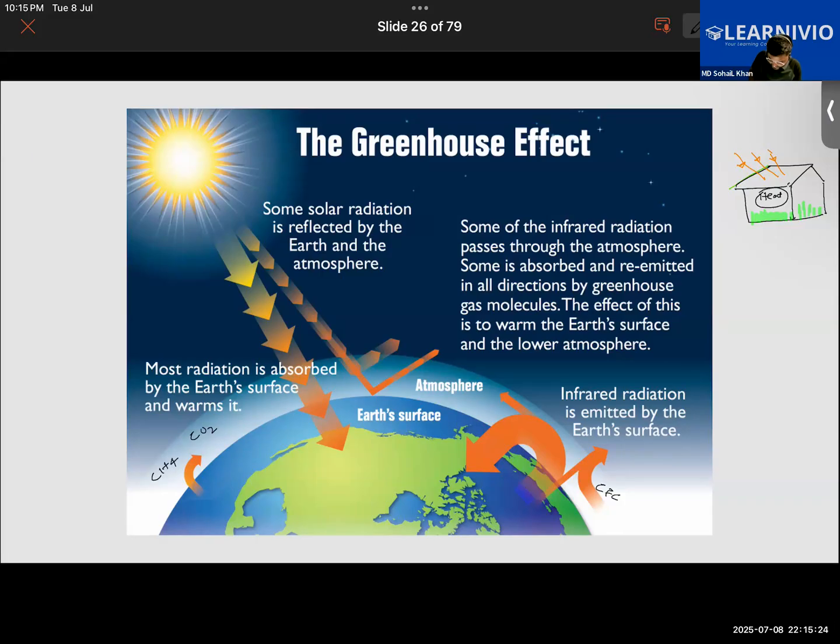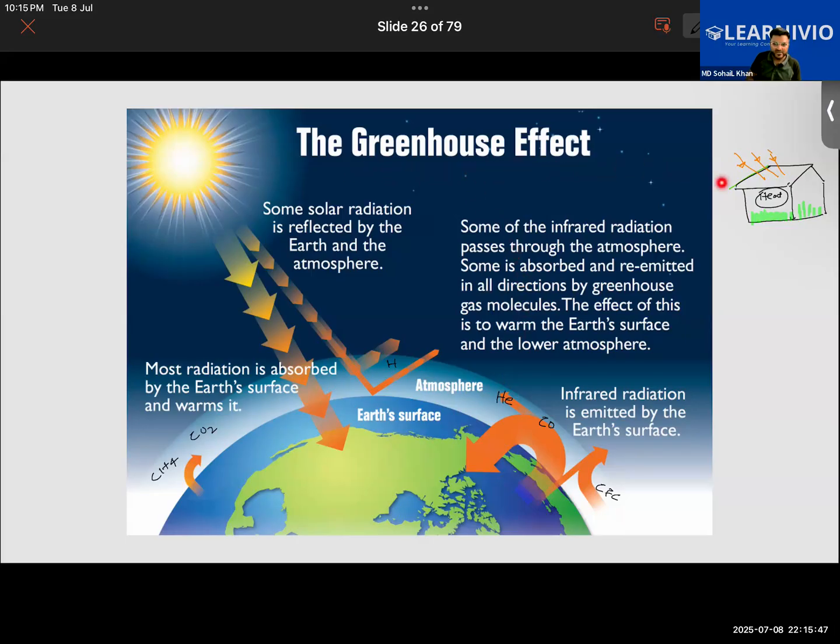You also have learned about carbon monoxide, helium, hydrogen, etc. So these gases will absorb the heat energy. Basically, infrared radiation will be absorbed by them, and it will increase the temperature of the Earth's atmosphere and the Earth's surface. So it is leading to a greenhouse effect.